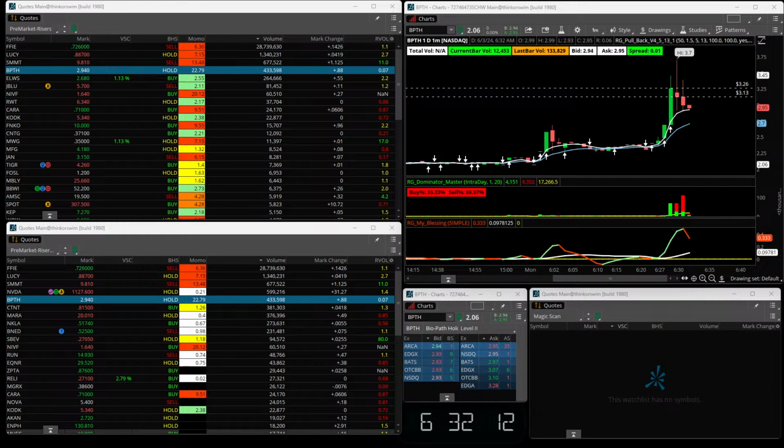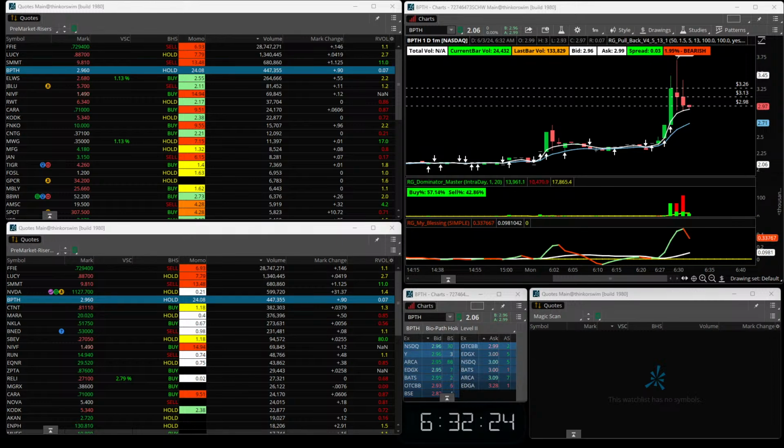We have another level down now. Not looking too strong. We'll keep an eye on it, pushing back up a little bit. Back up to 313.